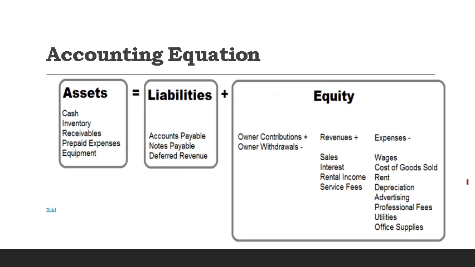It could be cash. It could be inventory, finished goods inside the finished goods warehouse. Accounts receivables, prepaid expenses, and machineries and equipment. It could also be land, buildings.